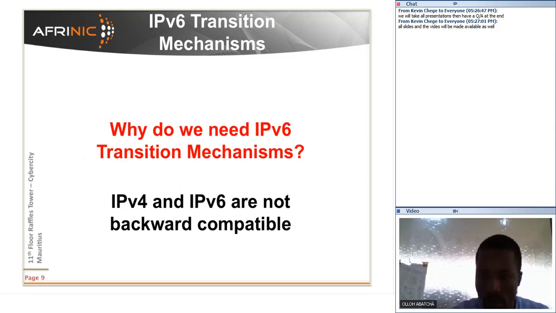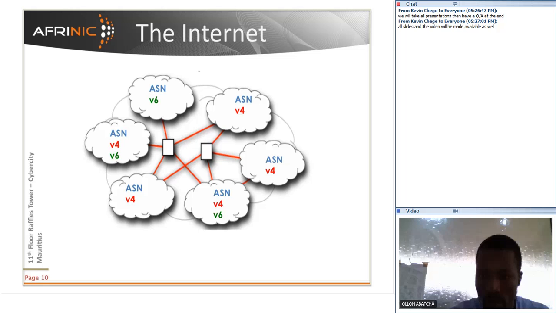So to answer the question that I proposed a couple of slides ago, why do we need IPv6 transition mechanisms? The answer is because IPv4 and IPv6 are not backward compatible, which actually means the IPv6-only network that you see on the top there cannot talk to one of the IPv4-only ASNs. They cannot communicate directly.